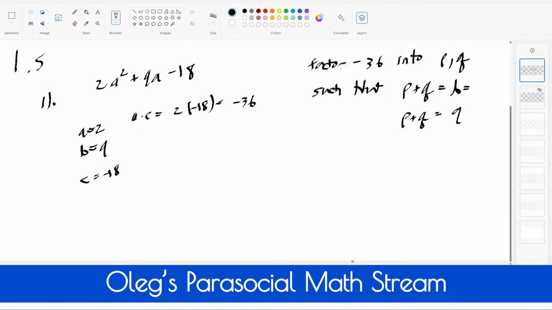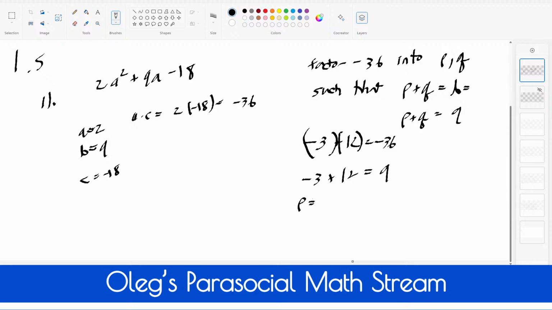Okay. So factor negative 36. Let's try negative 3 times 12 is equal to negative 36. Sorry. There we go. And negative 3 plus 12 is equal to 9.